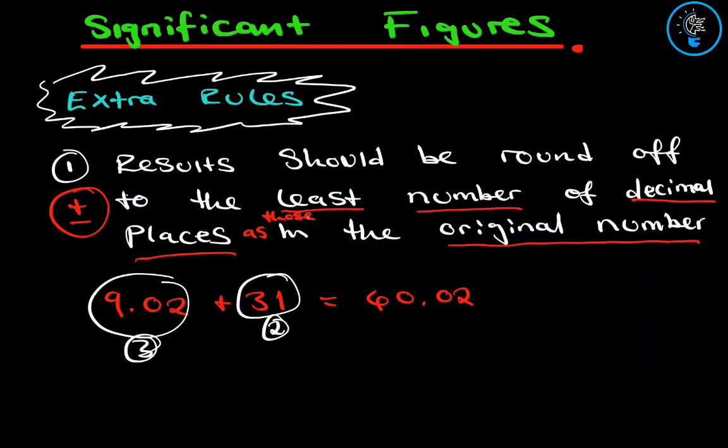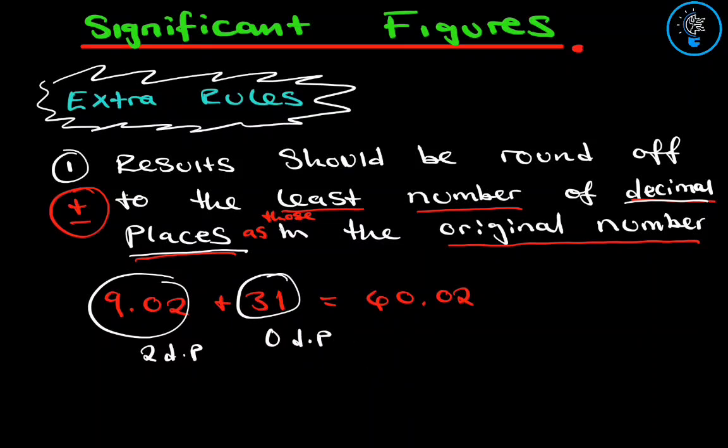Now, don't forget, our main focus under addition is decimal places, not significant figures. So we are interested in decimal places. So forget about significant figures. So the number of decimal places in this one is 2 decimal places. This one has 0 decimal places.